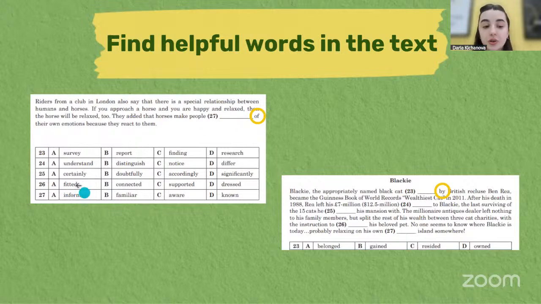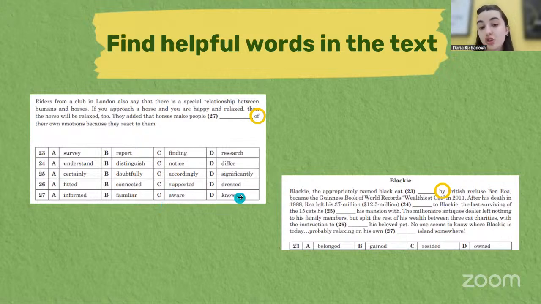We don't say informed of, we say informed with some information. Familiar is kind of the same. We use familiar with the word with: I am familiar with this topic, for example.